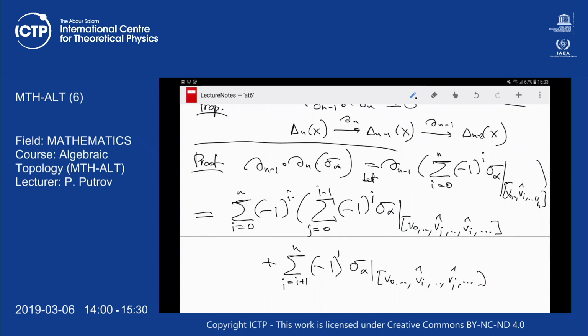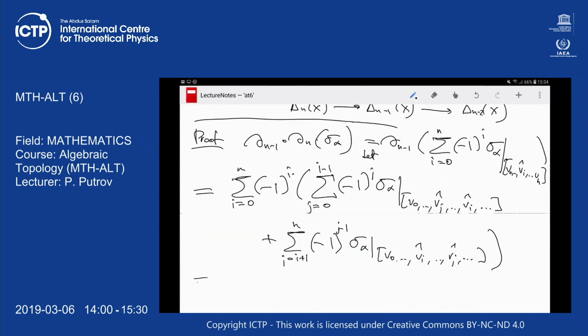And here, since the vertex i is already removed, instead of j we will have j minus 1, right? Because the position will not be j's position as here, but it will be j minus 1's position. So this can be rewritten as follows.